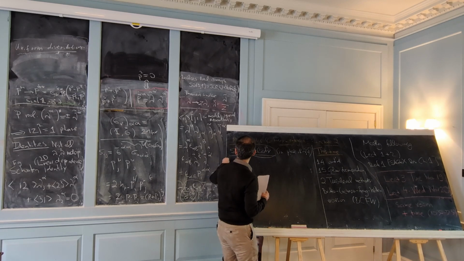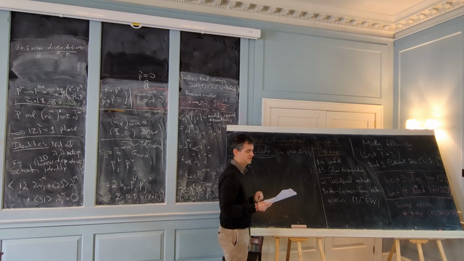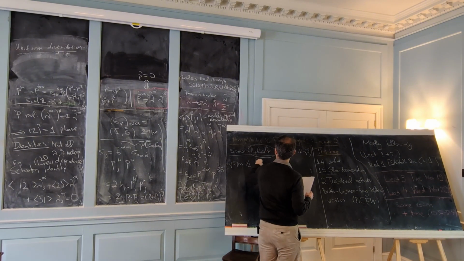We can start with spin half particles, so the Dirac fermion.